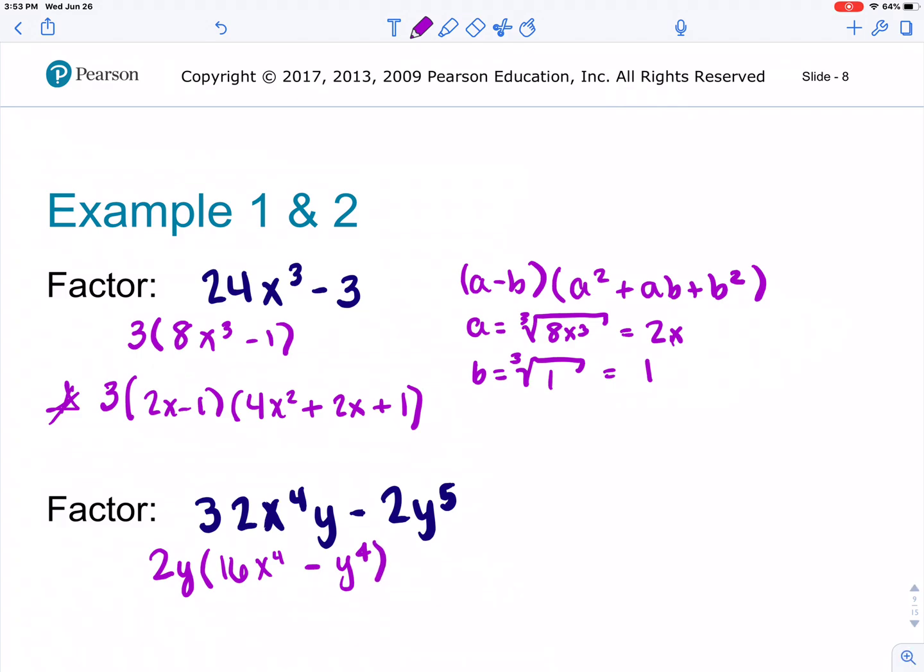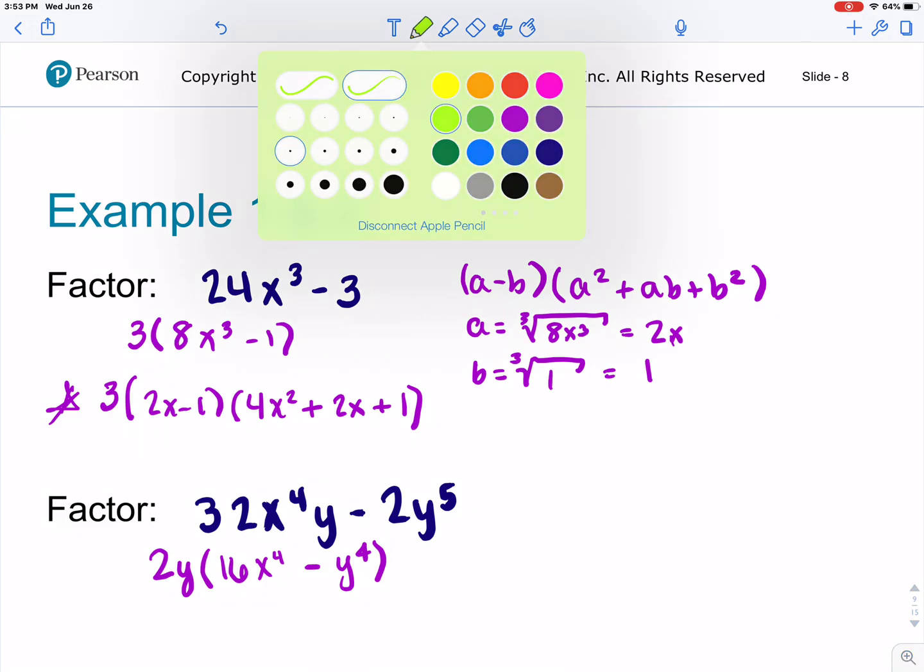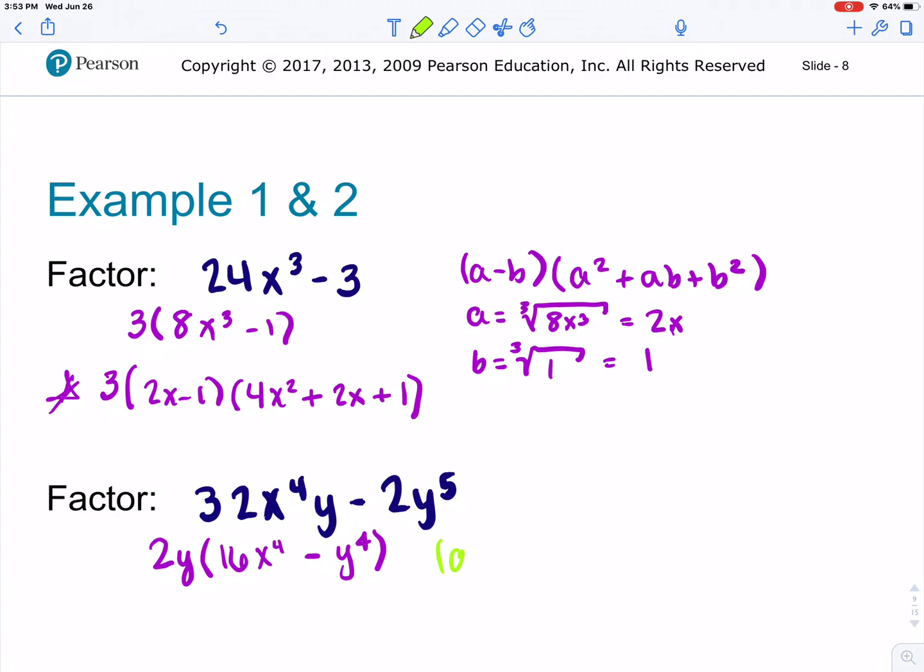Once I do that, I analyze it again. It's a binomial. And then I notice that 16x to the fourth and y to the fourth are perfect squares. So this is going to be the difference of 2 squares. So this is going to be the a minus b and a plus b method.